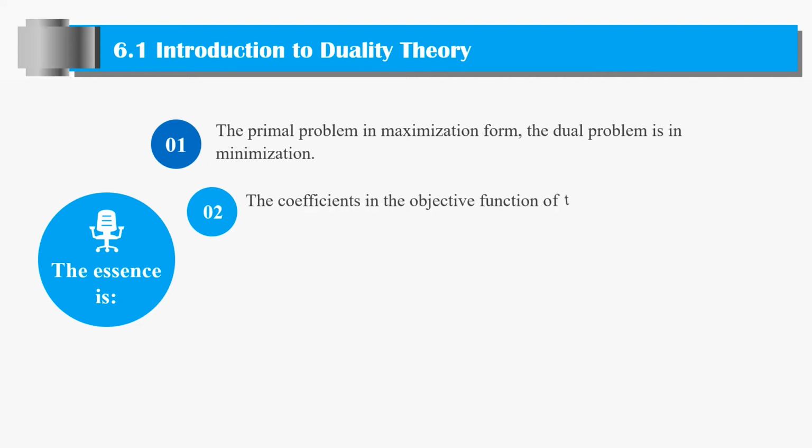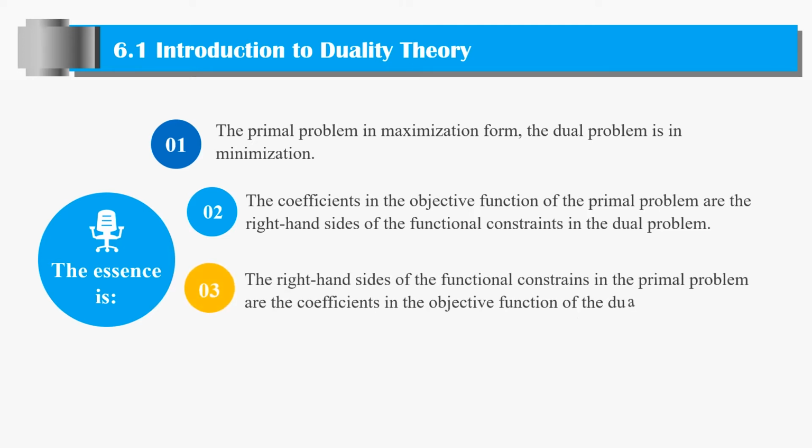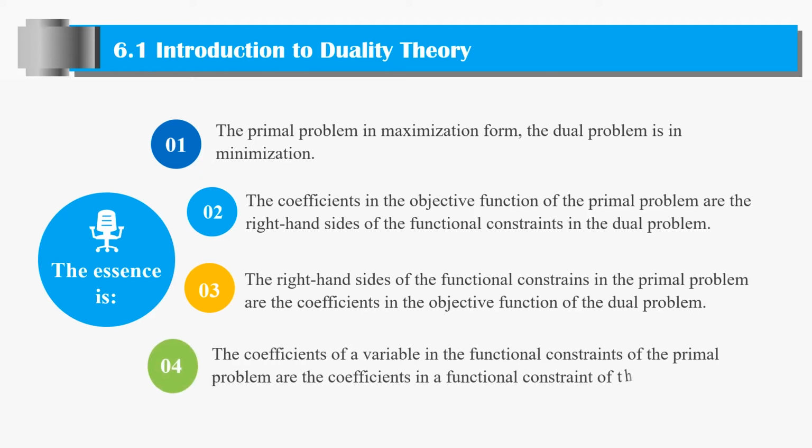Second, the coefficients in the objective function of the primal problem are the right-hand side of the functional constraints in the dual problem. Third, the right-hand sides of the functional constraints in the primal problem are the coefficients in the objective function of the dual problem. Next, the coefficients of a variable in the functional constraints of the primal problem are the coefficients in a functional constraint of the dual problem.